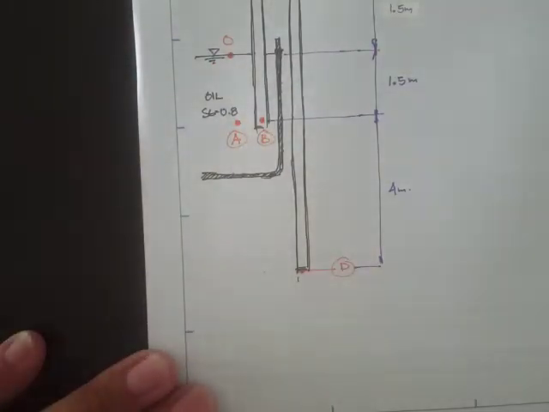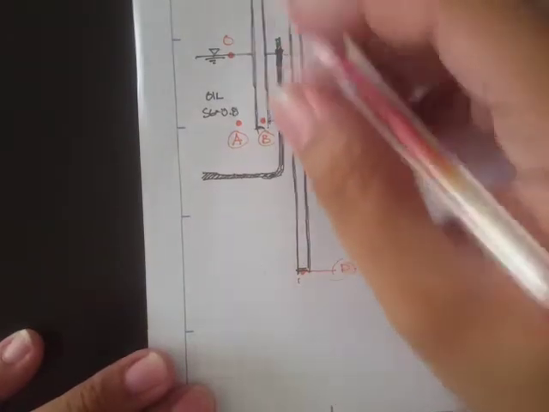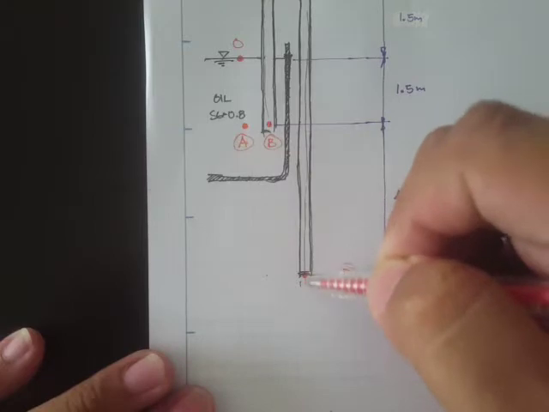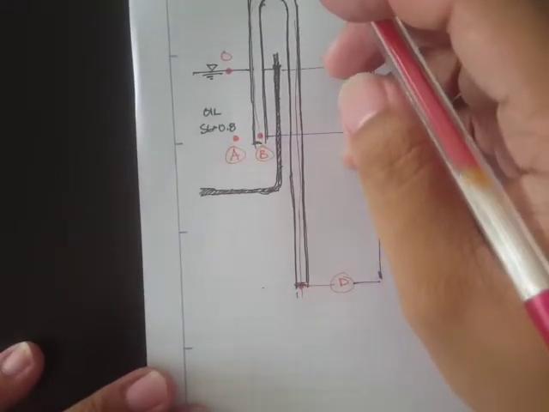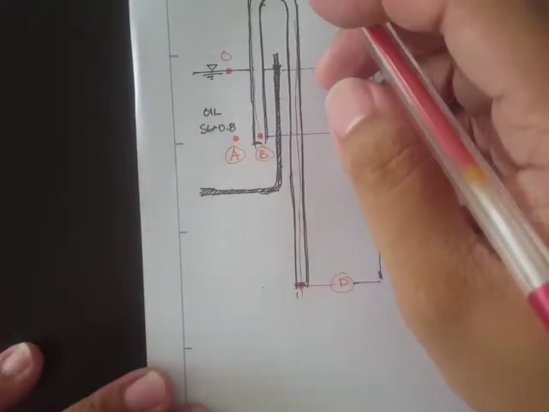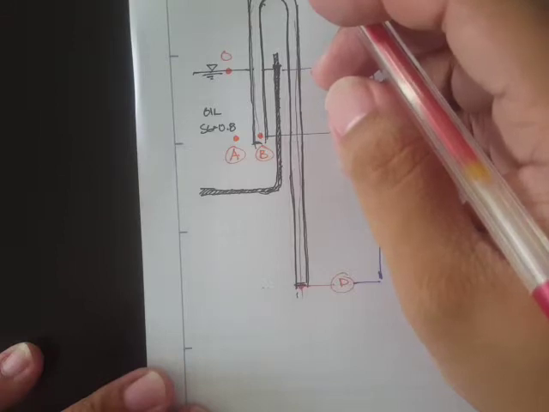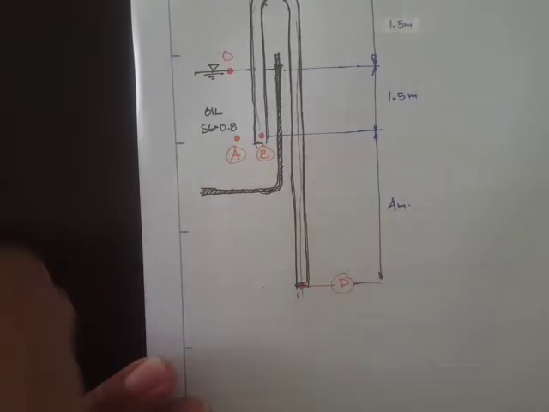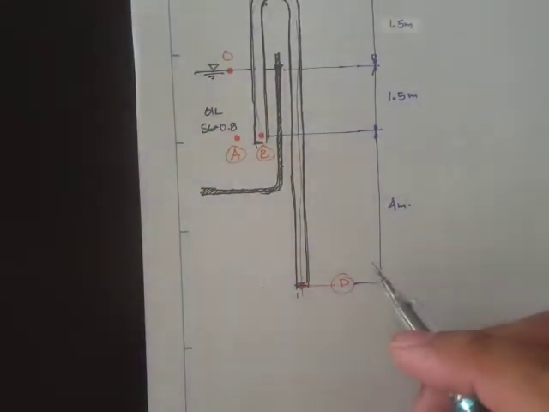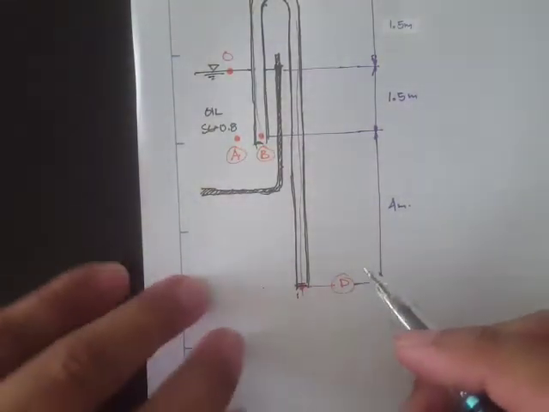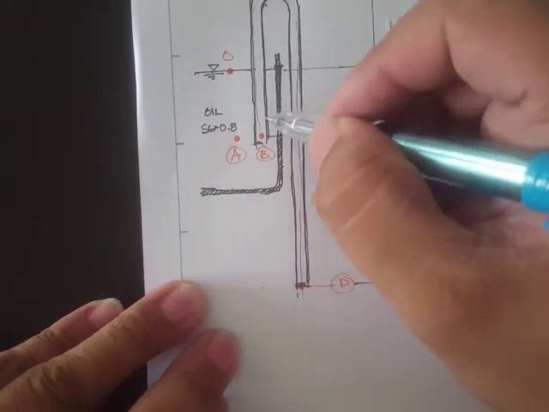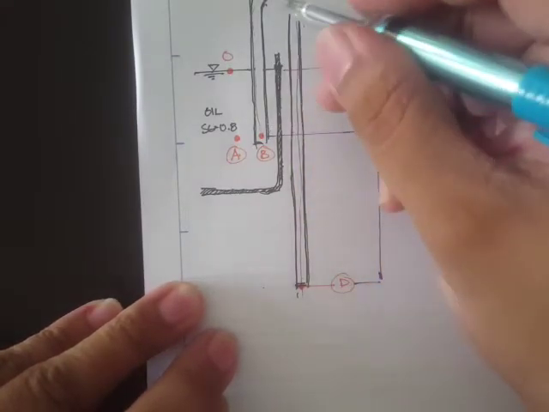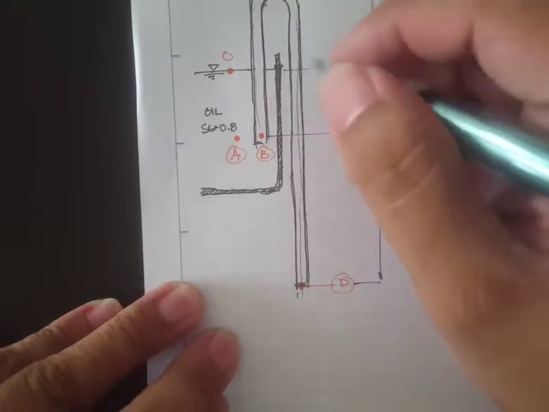Calculate the velocity of oil through the siphon. So what is the velocity along this, up to point D? We'll just assume uniform flow and neglect the frictional effects, and assume for now that this is a constant diameter tube.